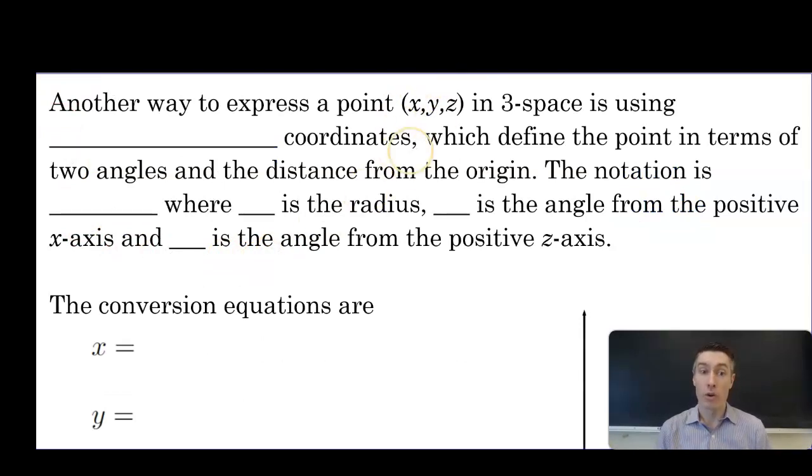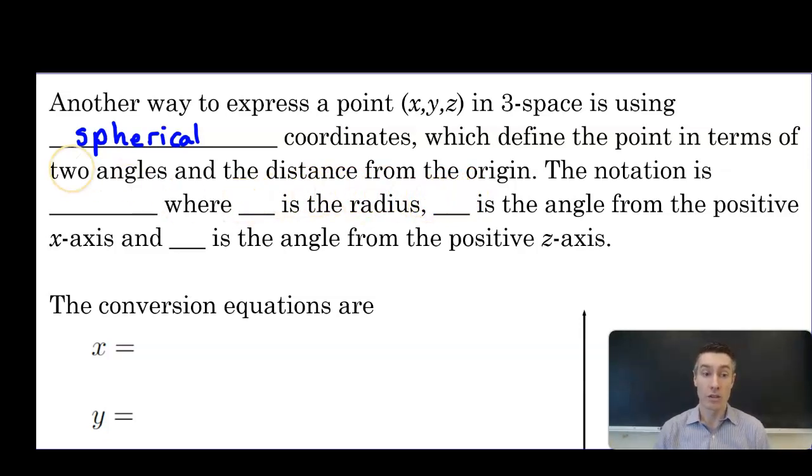So now our other coordinate system is spherical coordinates, which define the point in terms of two angles and the distance from the origin. So this is more like an extension on the idea of polar into 3 space. So spherical, distance from the origin, we're going to call that a radius, and then 2 angles now in order to define that point in 3 space.